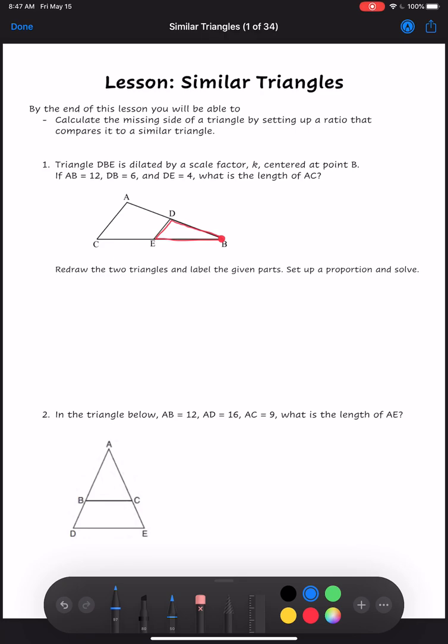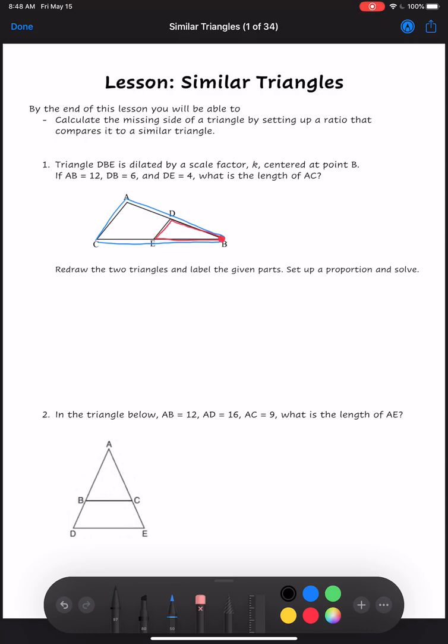So what we have is triangle DBE is dilated, and we end up with triangle ABC. That's this larger one out here. So I'm going to redraw them. As you can see below, it says redraw the two triangles, but for right now I want you to see the two triangles as they overlap, and then we're going to label what we know.